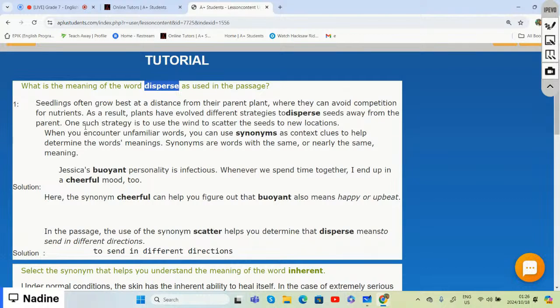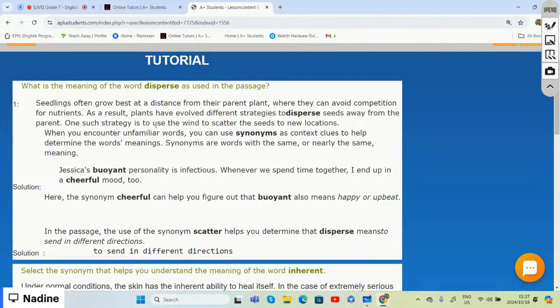And if we now look at that sentence, right? Seedlings often grow best at a distance from their parent plant, where they can avoid competition for nutrients. As a result, plants evolve different strategies to disperse seeds away from the parent.